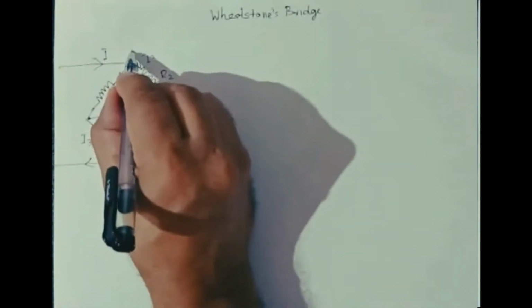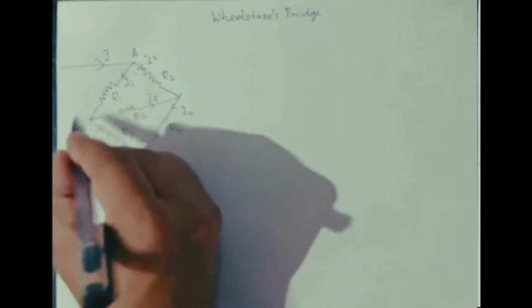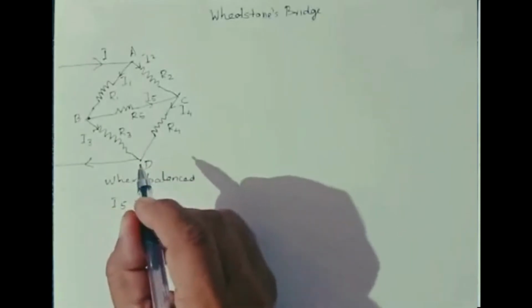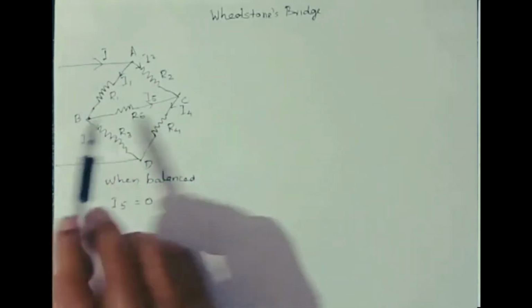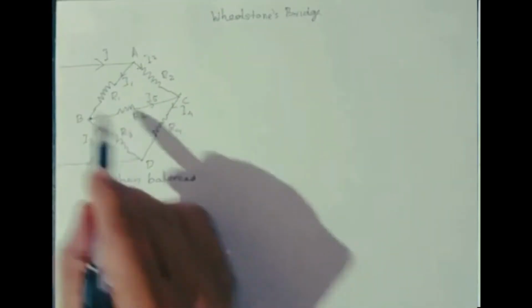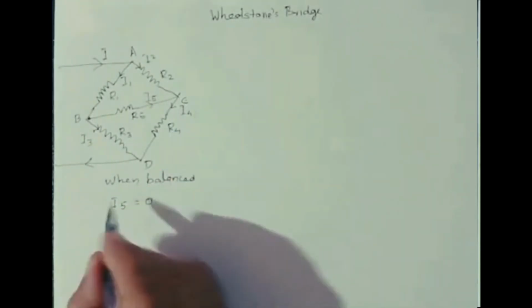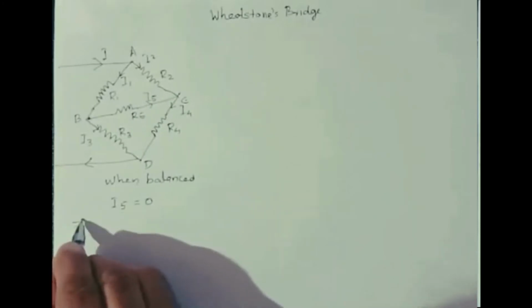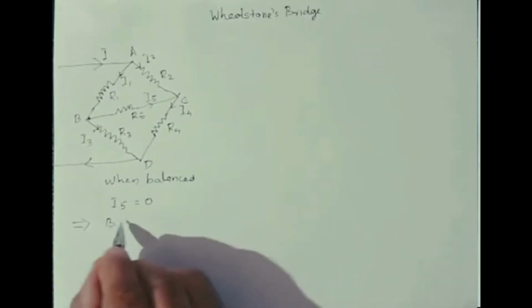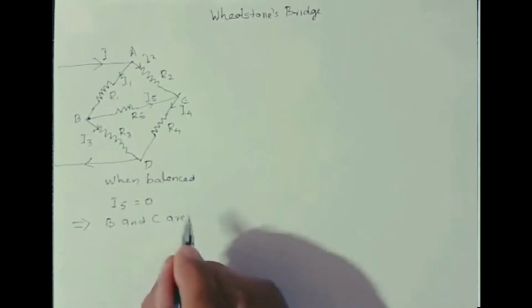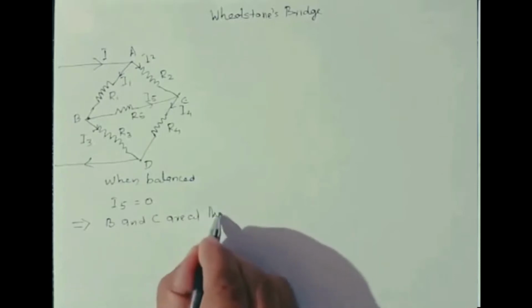Let us mark all these points with letters so it's easy for us to explain how does it happen: A, B, C and D. Well, there is no current from B to C along the diagonal. It means both B and C are at the same potential.